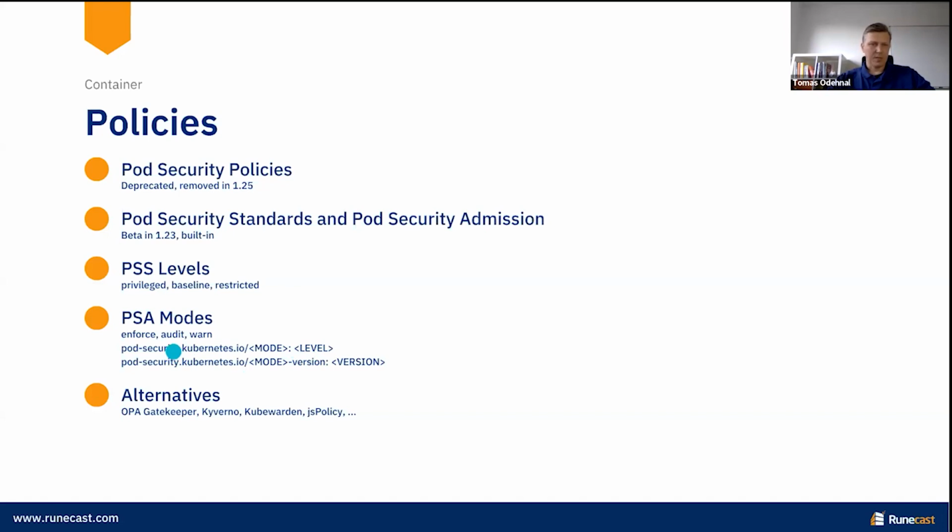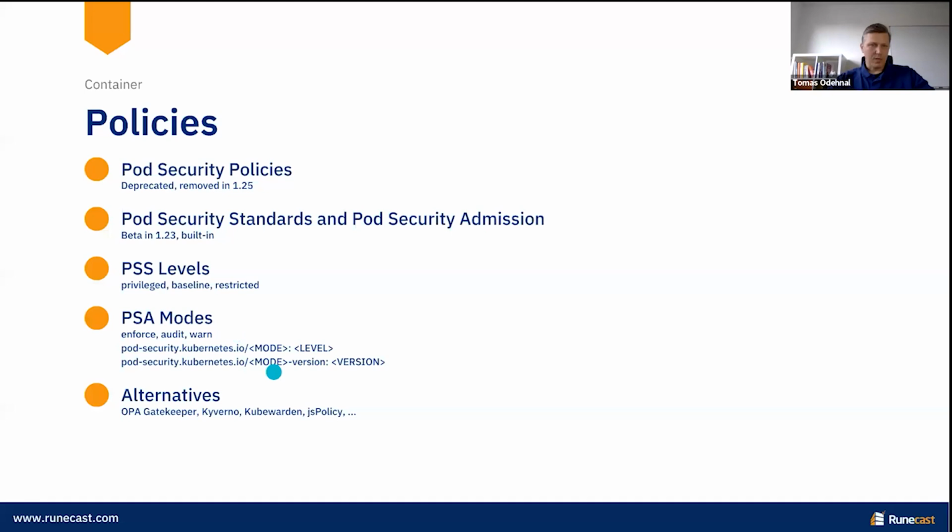Another mode is audit. That's basically transparent and it's not doing anything. Even the user doesn't know it's there, but it will log if the level is crossed, or if the workload wouldn't suffice the level, and it's logged in the Kubernetes audit log. And then there is a mode of warning that will again allow the workload to be started, but it will warn the operator in the API call, or in the return code.